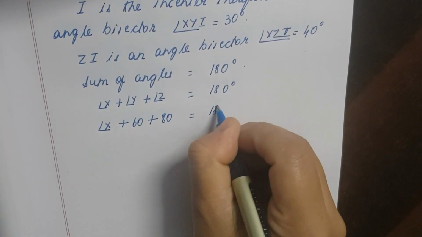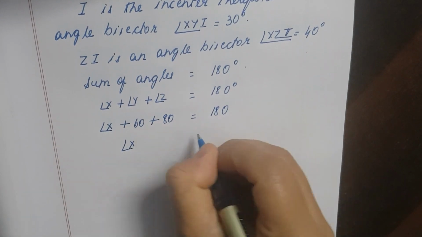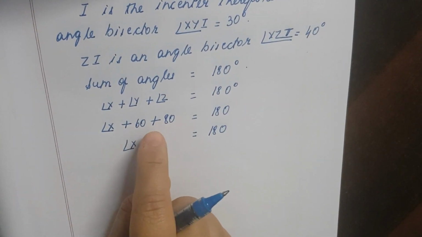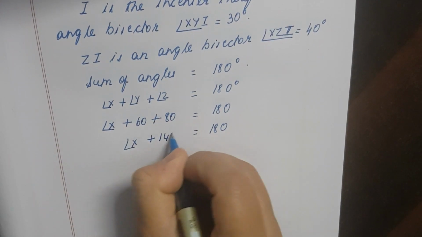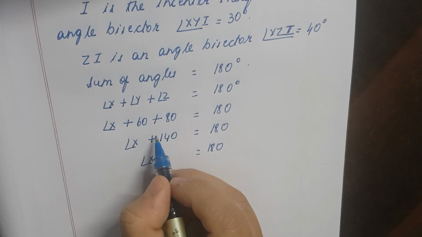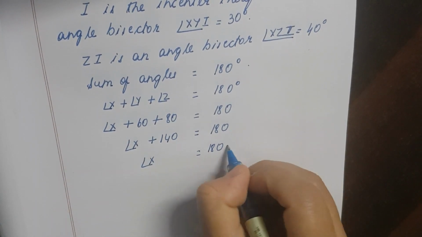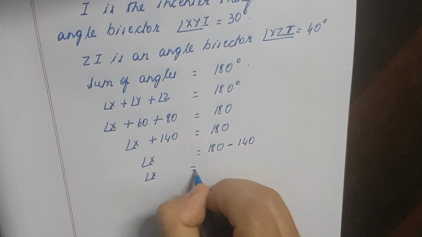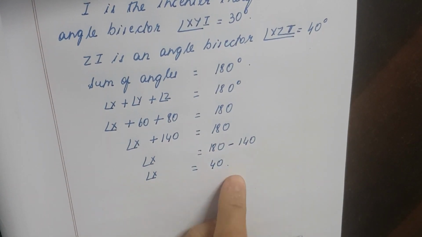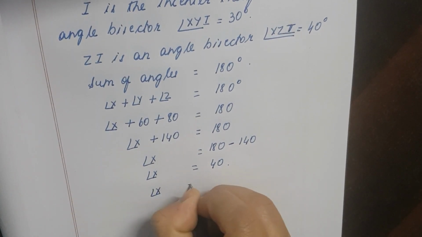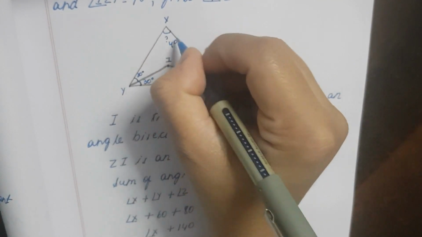So 60 plus 80 is 140, right? So angle X plus 140 is equal to 180. Taking 140 to the other side it becomes minus 140, right? So angle X is equal to 40. So we have found angle X is 40 degrees. We can write it here, it is 40 degrees.